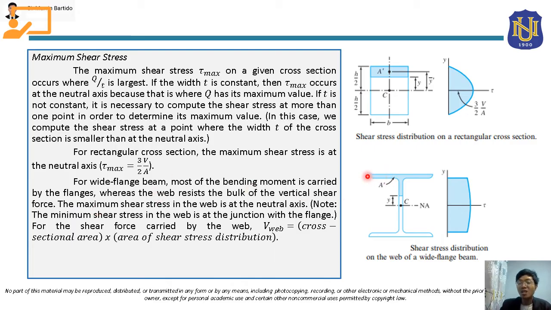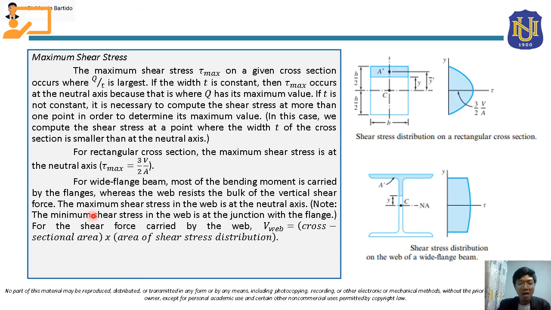So if it is bending moment, class, the most stressed is the upper portion and the lower portion, right? But in shear stress, class, okay, the most stressed here is the middle portion. So in this case, class, if this is a wide flange beam, okay, our flanges, class, will resist the bending moment. But our web, class, will resist the shear force.